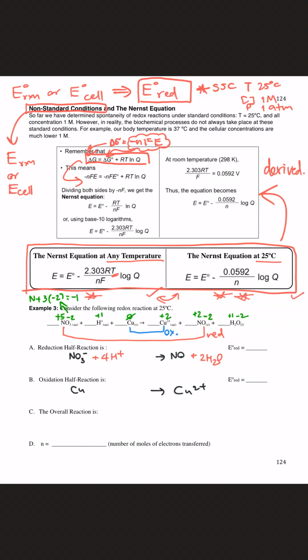The next thing is to make sure that the reduction half reaction has the balanced charge. All you need to do is sum the charge on the reactant side and sum the charge on the product side. The charge on the reactant side is -1 plus 4. The total would be +3.